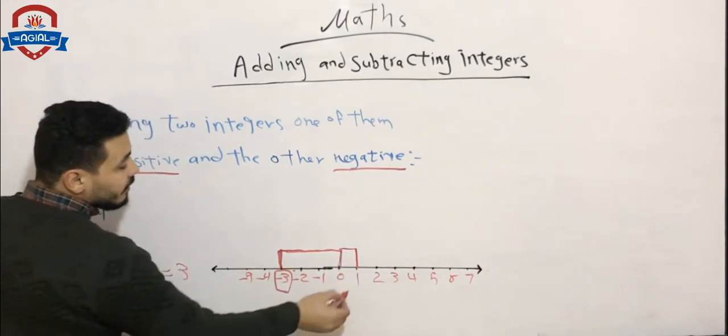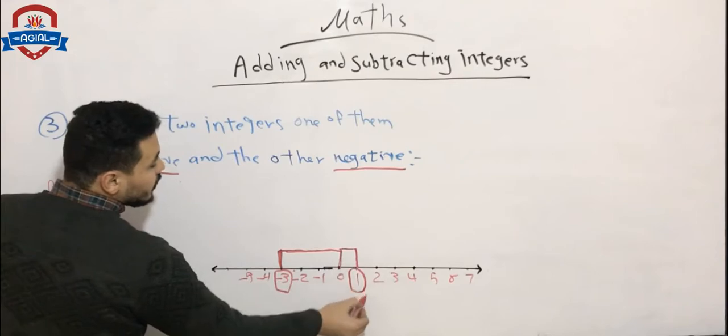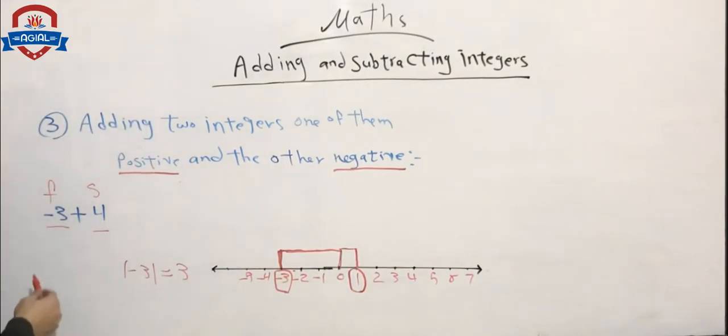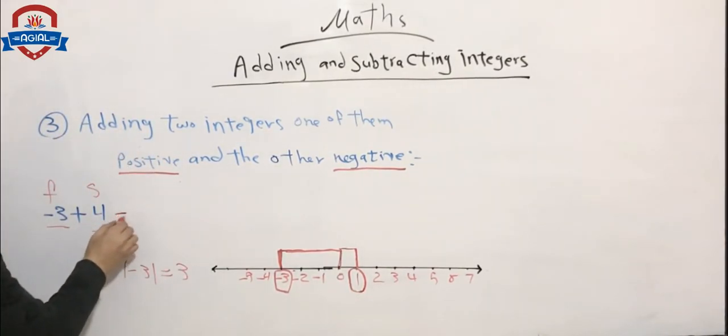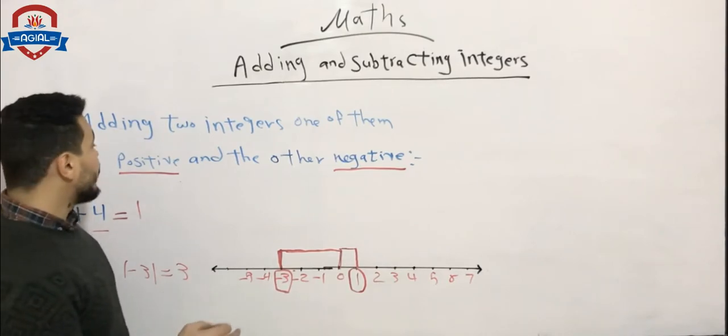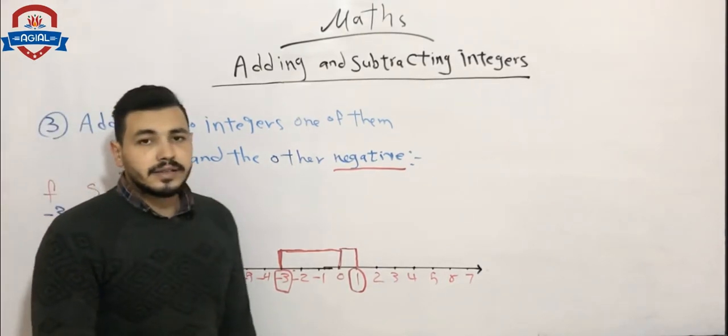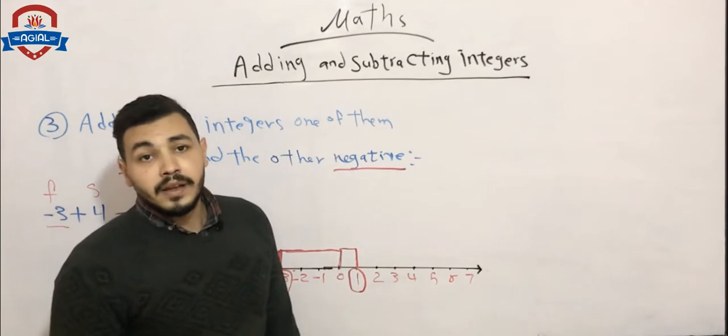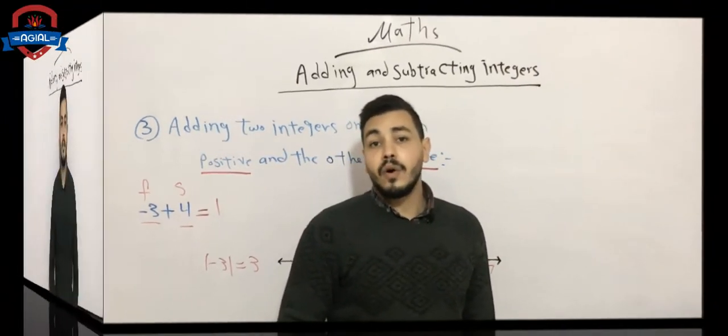So now we have 1. So the answer is 1. So negative 3 plus 4 equals 1. So now we deduce that adding two integers, one of them positive and the other negative, equals a negative integer or a positive integer or 0.